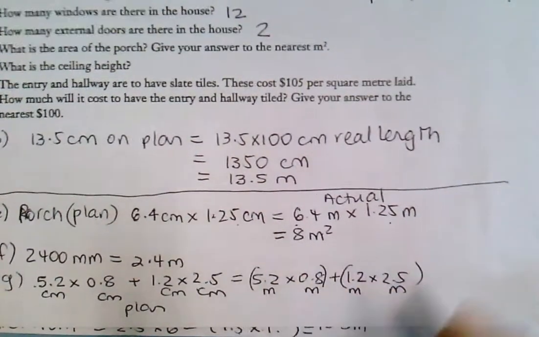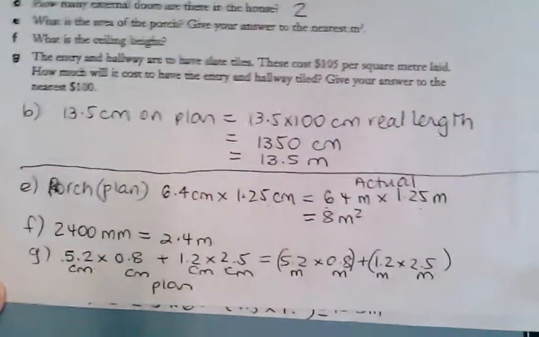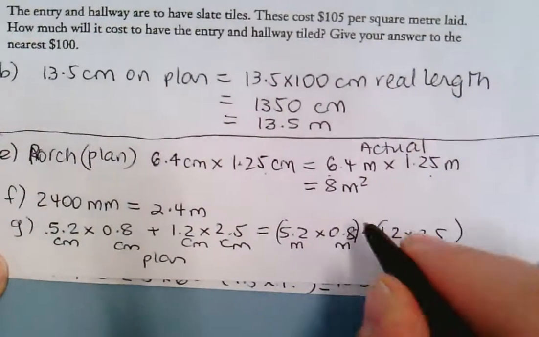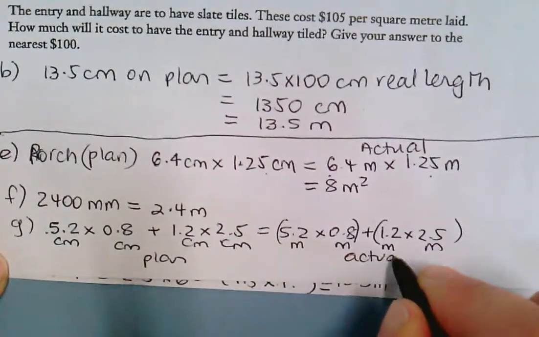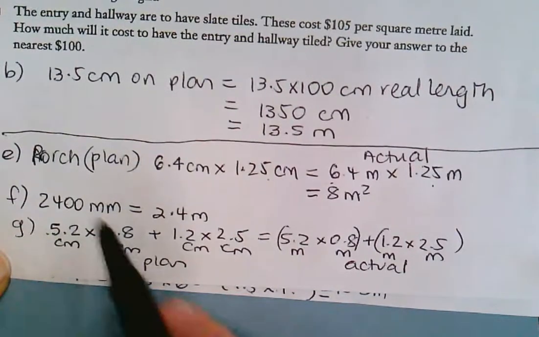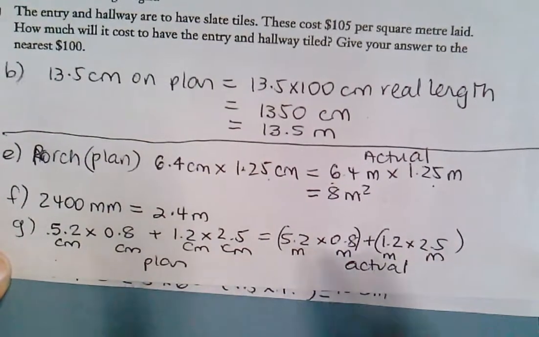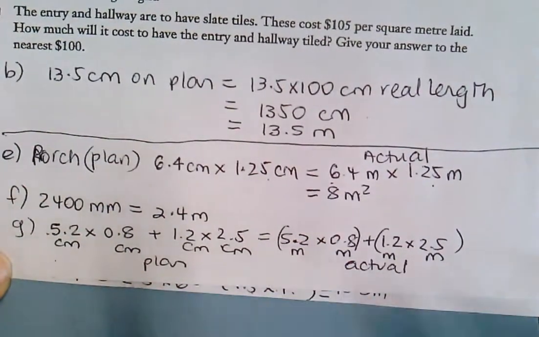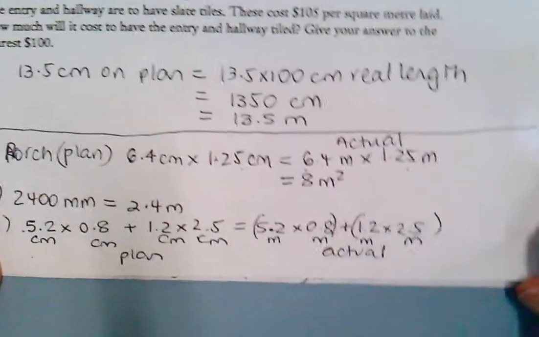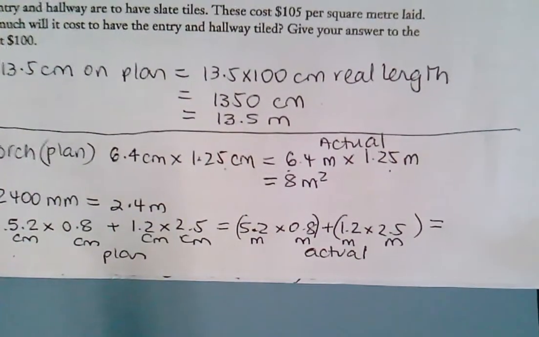If you multiply by 100, you get 520 centimetres, which is 5.2 metres. Basically, the numbers stay the same, you're just changing the units. Have we got an area there now?